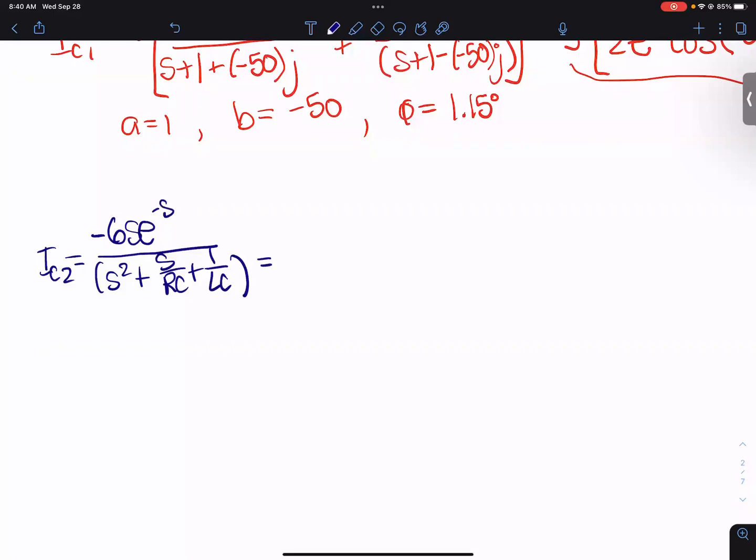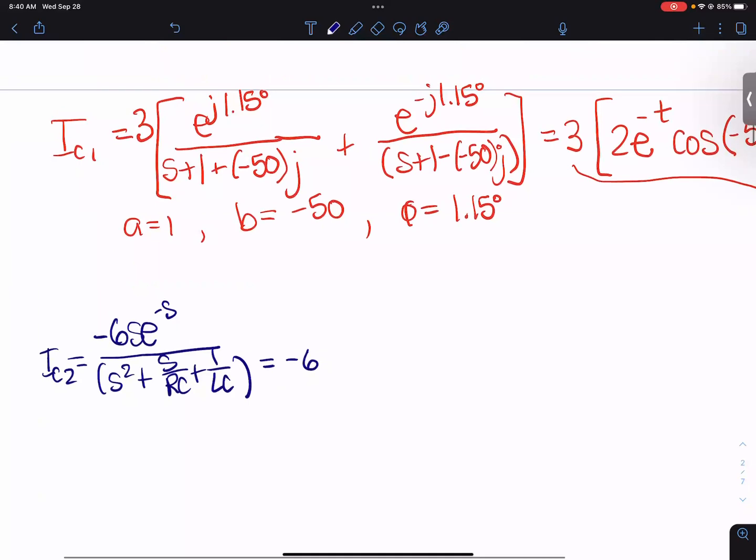And so we can kind of rewrite this one as a -6 kind of out in front. And it's going to have the same bottom, right? So it's going to be, again, an A and a B.